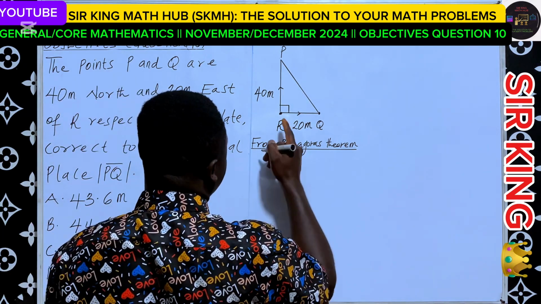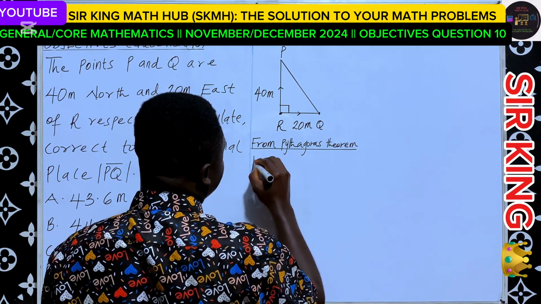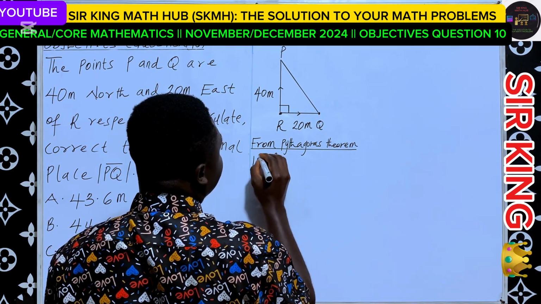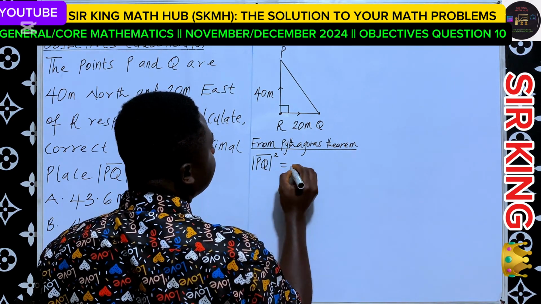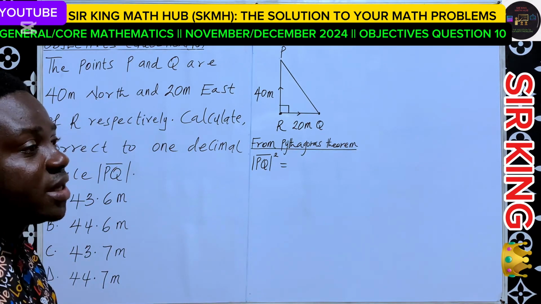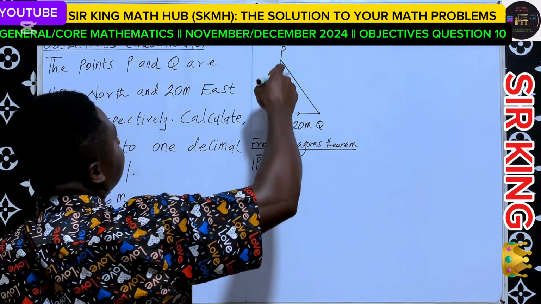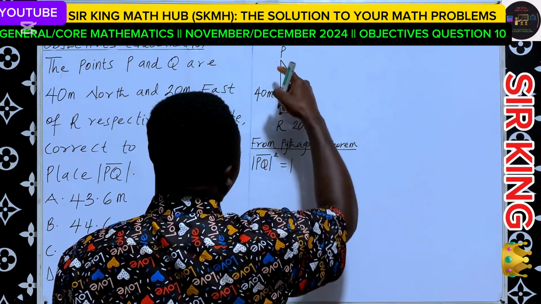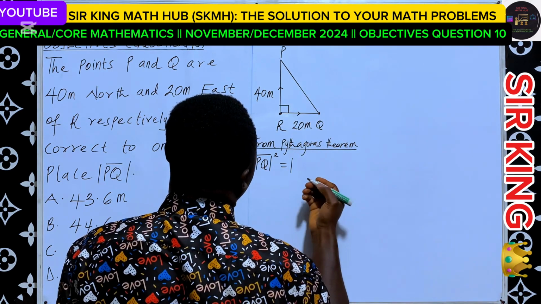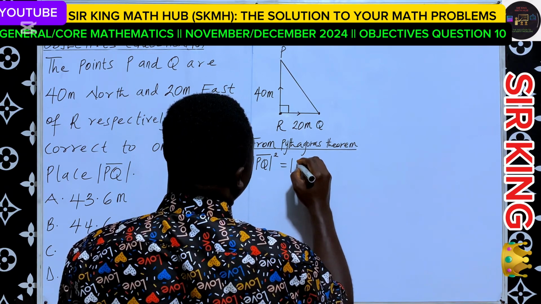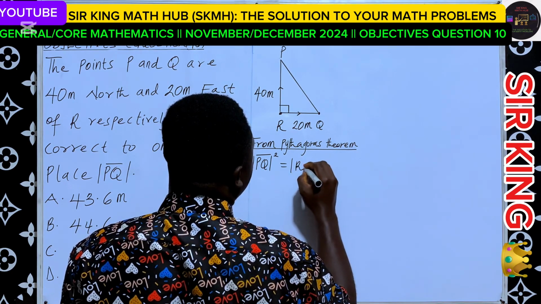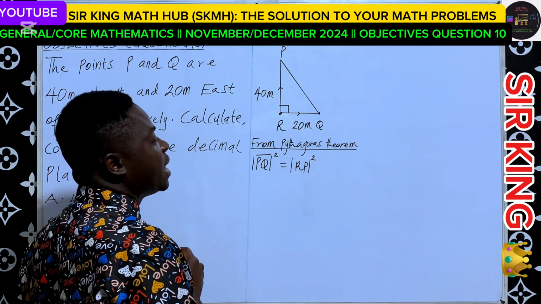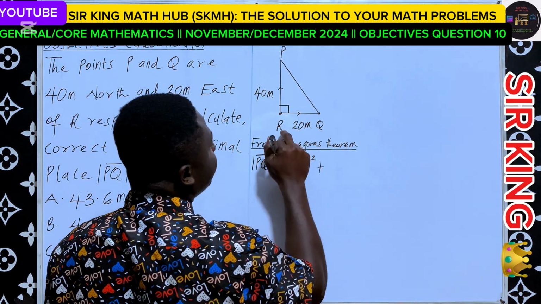So the square of the longest side, in this case the square of line PQ, is equal to the sum of the squares of the other two sides. Starting with this side, we can name it line PR or line RP. So the square of line RP plus the square of line RQ.